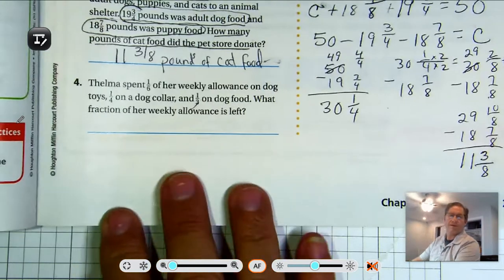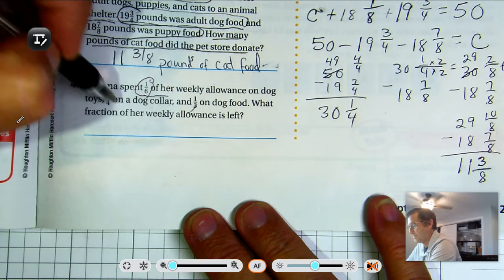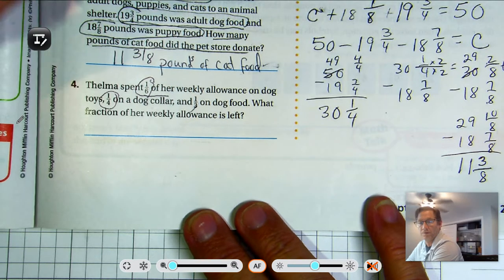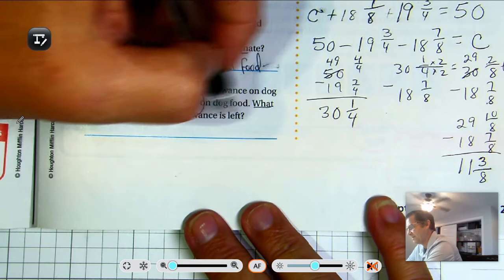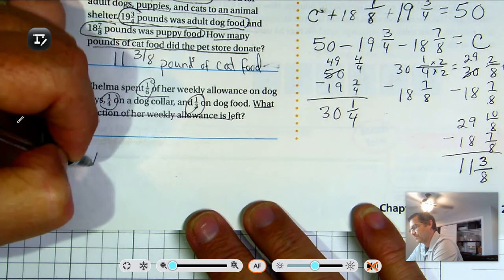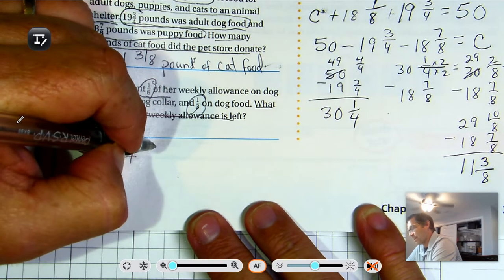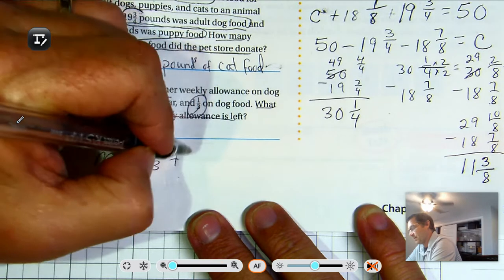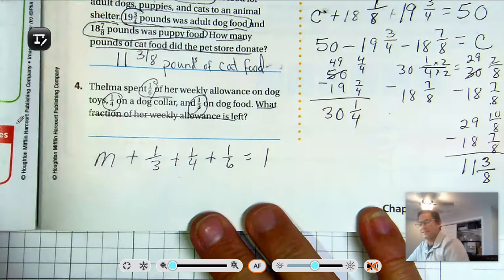All right, number 4. Thelma spent 1/6 of her weekly allowance on dog toys, 1/4 on a dog collar, and 1/3 on dog food. What fraction of her weekly allowance is left? So the amount left plus 1/3 plus 1/4 plus 1/6 has to equal 1.